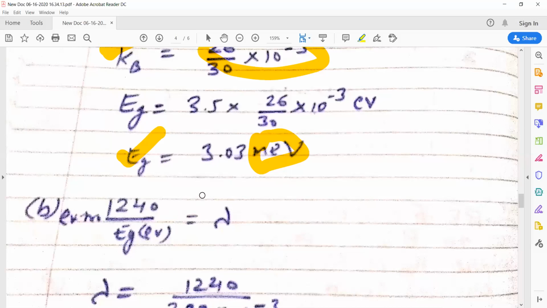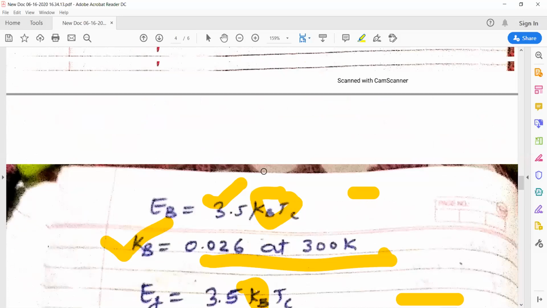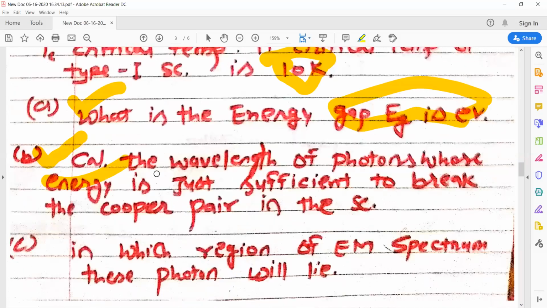Okay, so now we need to find the wavelength. The other question is: calculate the wavelength of a photon whose energy is just sufficient to break the Cooper pair in the superconductor. Basically, that energy gap is between the BCS state and the Fermi level.